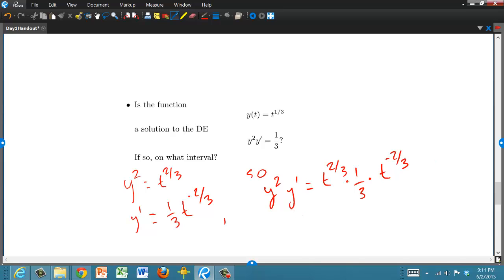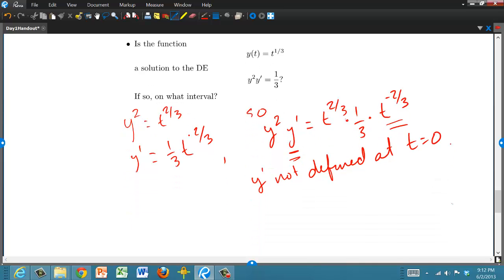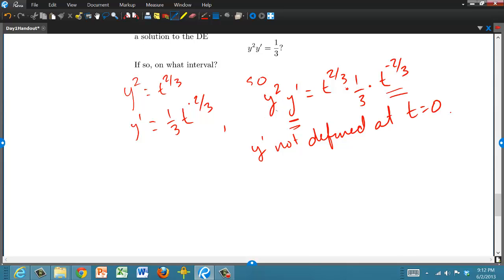Now notice that y prime here is 1/3 t to the negative 2/3, and y prime is not defined at t equals 0. And so this whole expression, y squared times y prime, is not defined at time t equals 0.